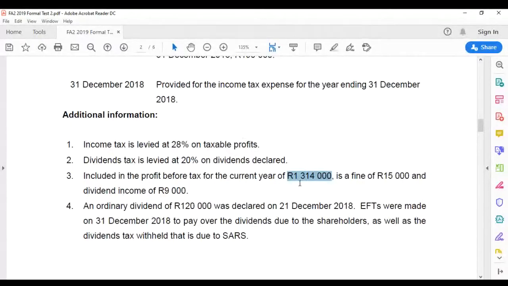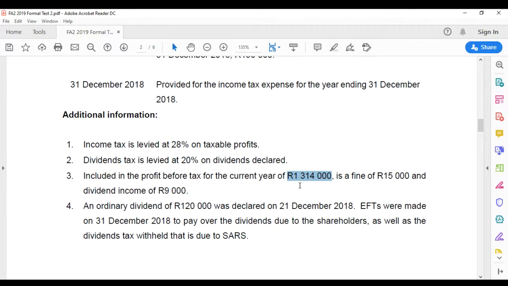So that means, ladies and gentlemen, because it is an expense, we have deducted that expense of 15,000 in arriving at the profit before tax, right? It is already deducted. But now, as you have all correctly said, it is not deductible for income tax purposes. It is a non-deductible expense.